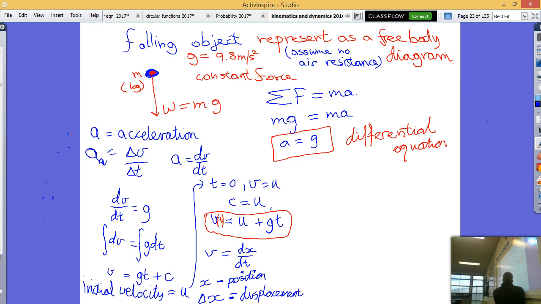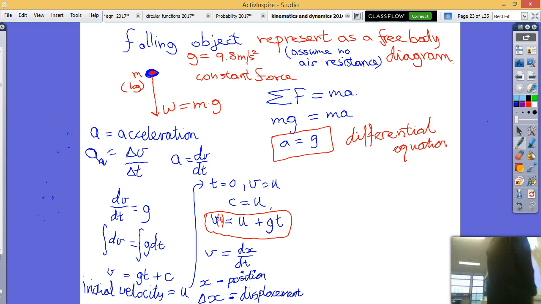So if I take 3 steps, 3 meters to the left, my displacement is 3 meters to the left from my beginning position. That change is what we're looking for.